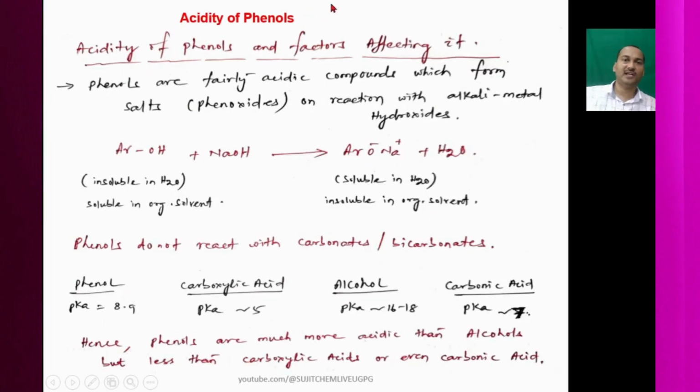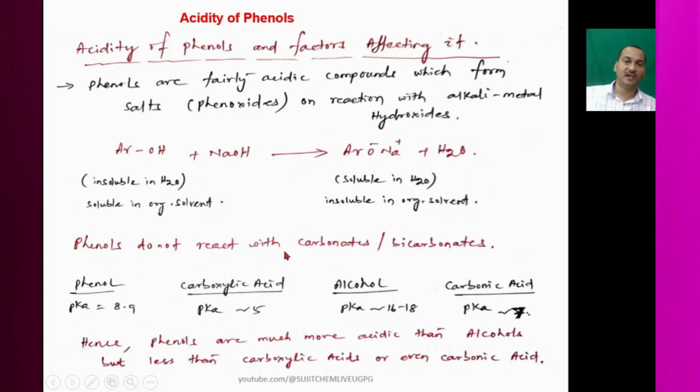The next is acidity of phenols. Phenols are fairly acidic compounds which form salts, phenoxides, on reaction with alkali metal hydroxides. So phenol upon reaction with sodium hydroxide gives phenoxide, which is soluble in water, insoluble in organic solvent.